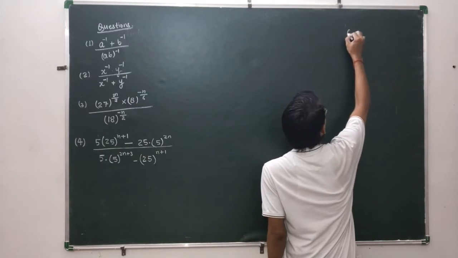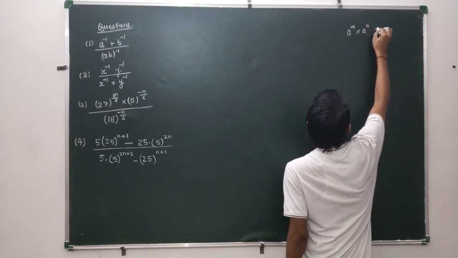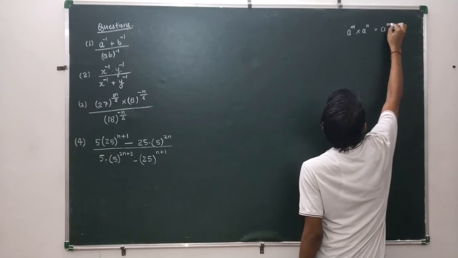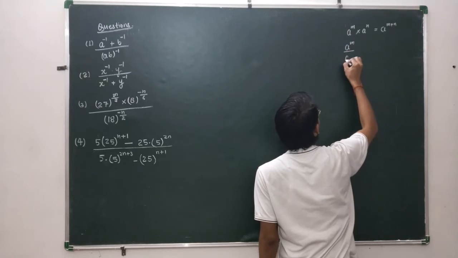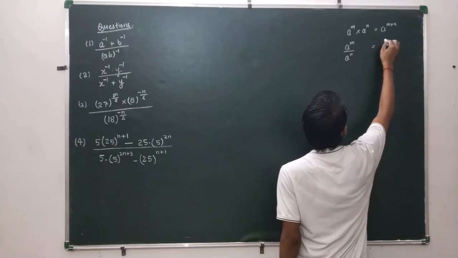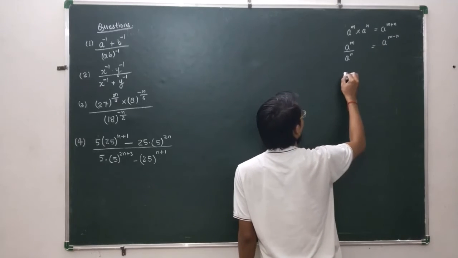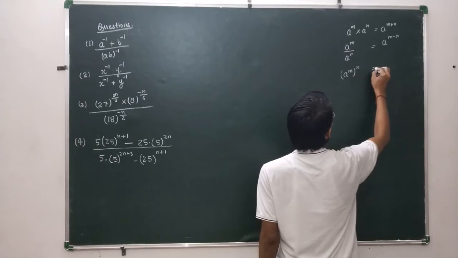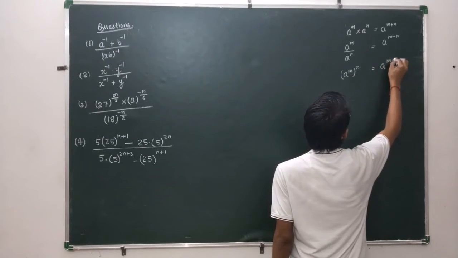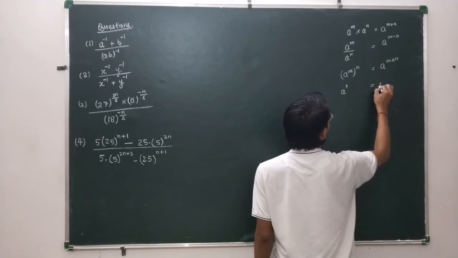The first formula is a to the power m into a to the power n is equal to a to the power m plus n. Second is a to the power m by a to the power n is equal to a to the power m minus n. Third formula is a to the power m whole to the power n is equal to a to the power m into n. Fourth formula is a to the power 0 is equal to 1.